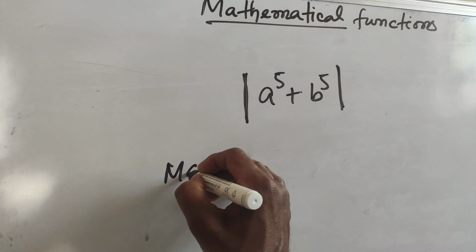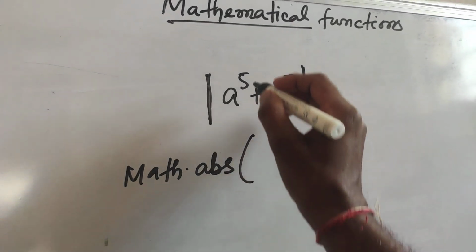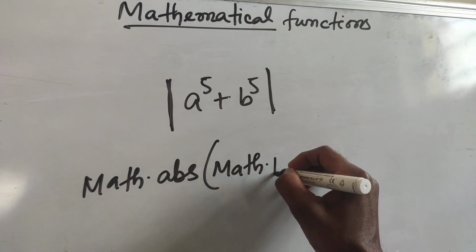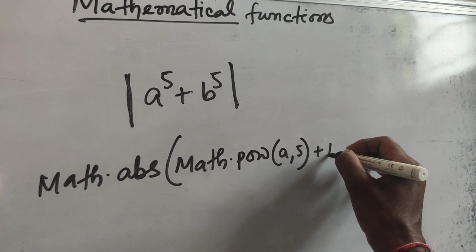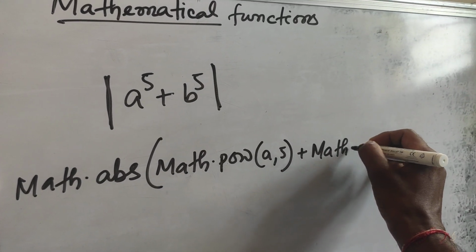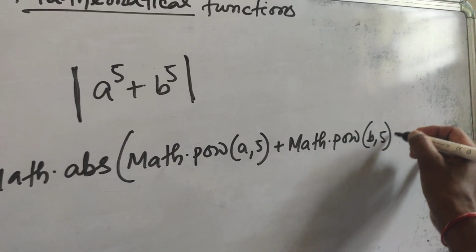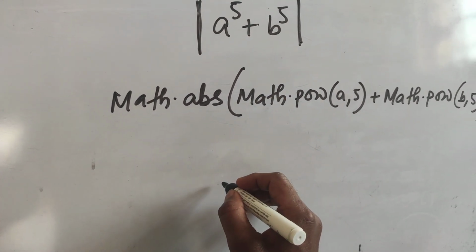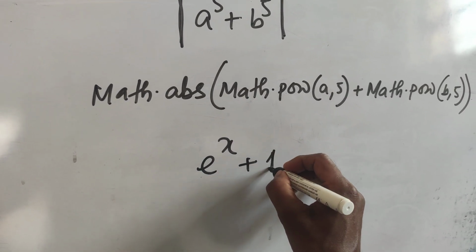Then you need to write math.abs of math.pow. How will you write the Java expression? A, 5 plus math.pow b, 5. Okay.